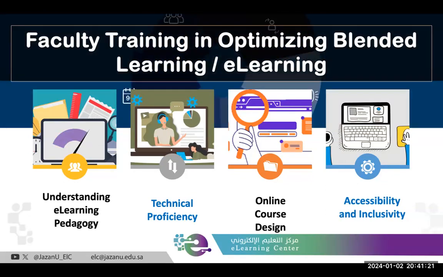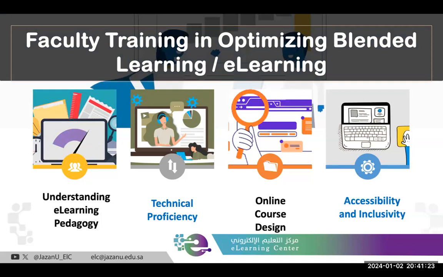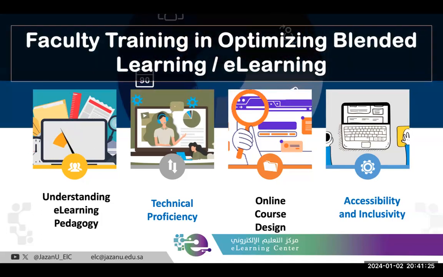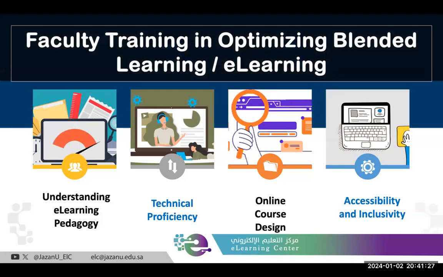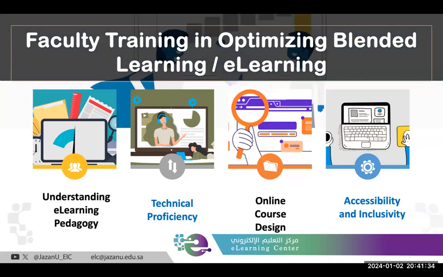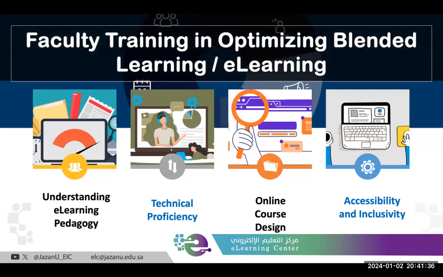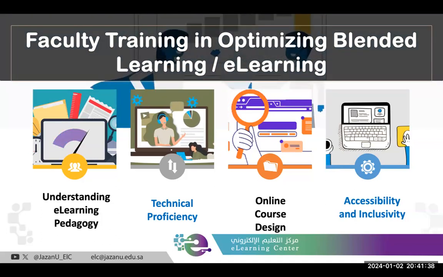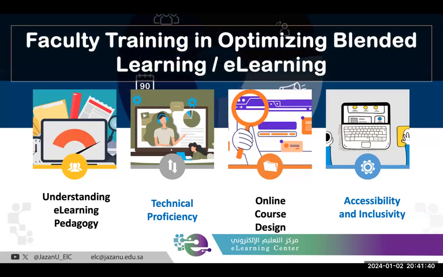We always take it for disabled students, but here the meaning is accessibility and inclusivity, that you have to create e-learning courses which are accessible to all of them, including disabled students. So this is availability. You need to make it available for everyone.